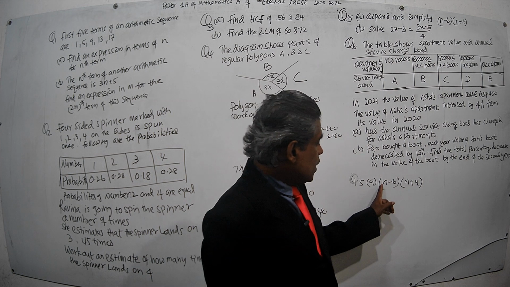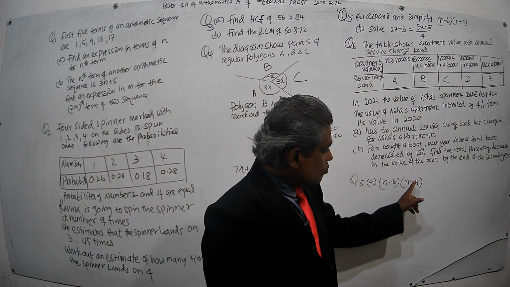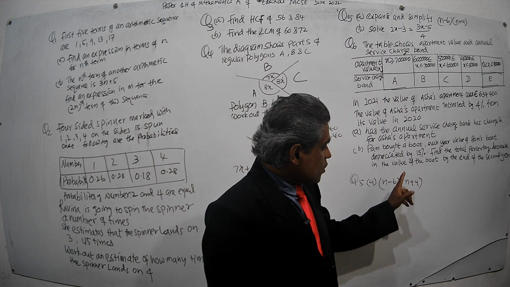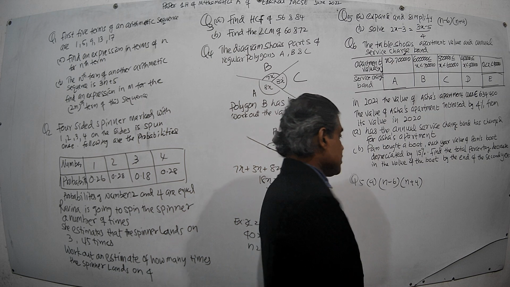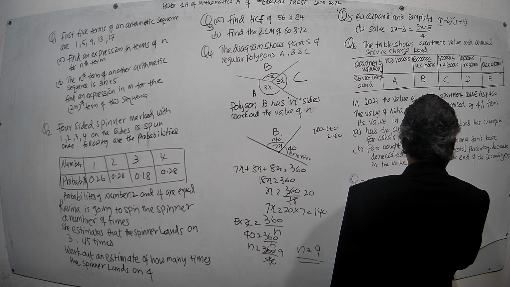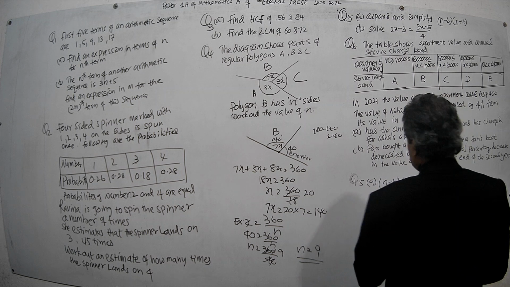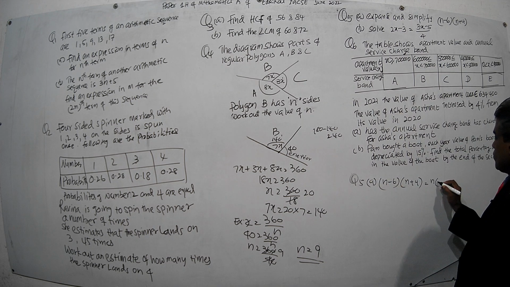How do you expand this? n times n plus n times 4, minus 6 times n plus minus 6 times 4. By this n, you multiply both terms in n plus 4.